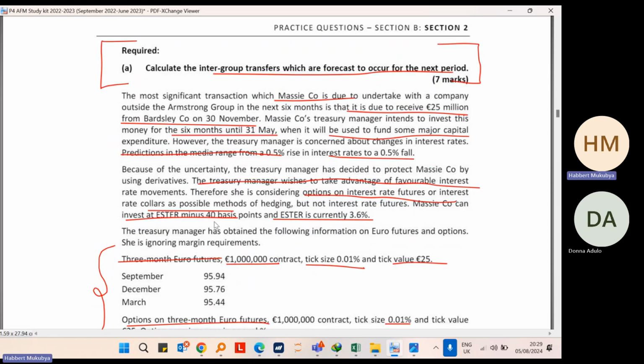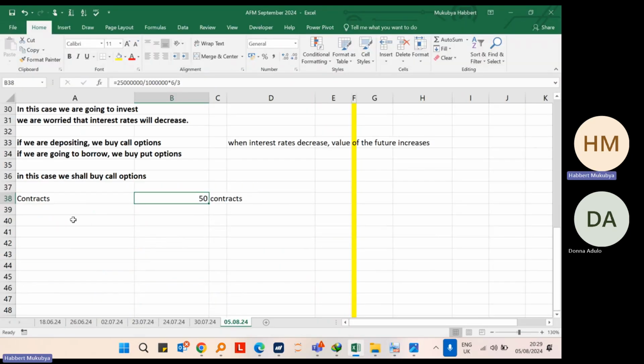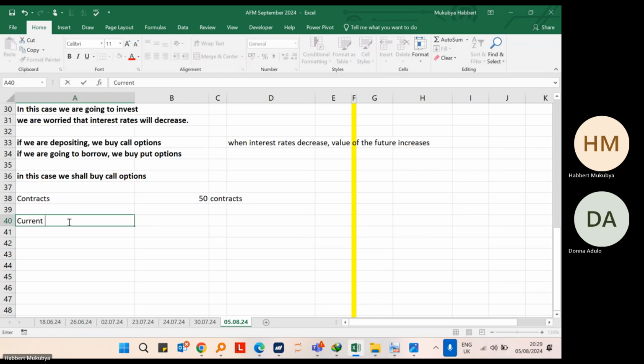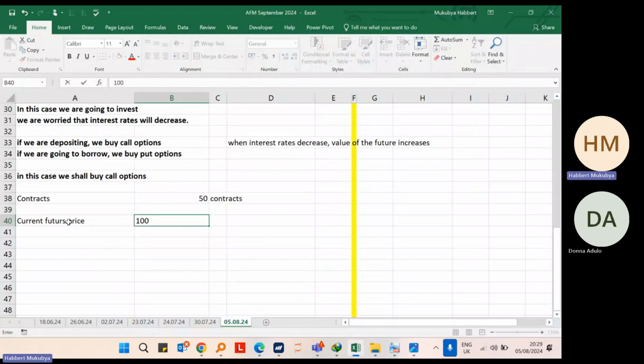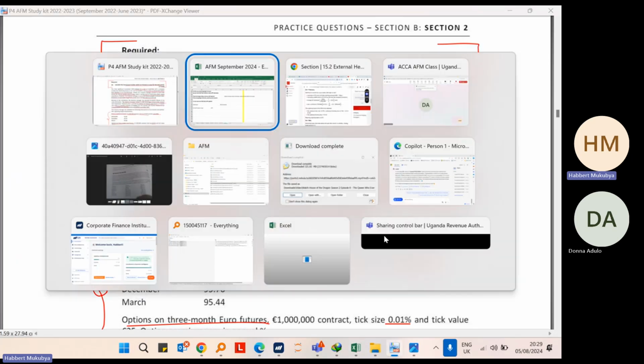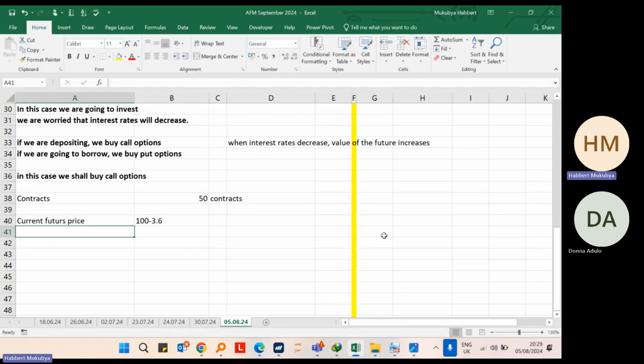Right now, Esther is at 3.6, which means the current futures price, now futures price is always 100 minus the interest rate. So because we are using Esther, you subtract 3.6. So that's the current futures price, 96.4.